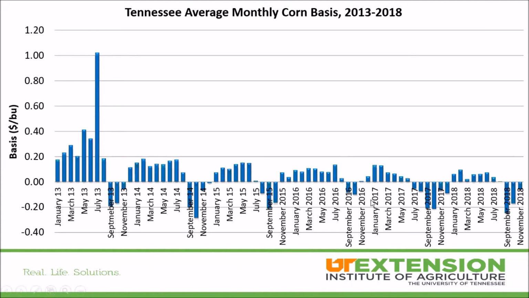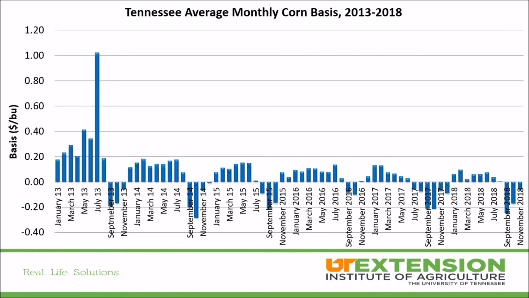Now, one thing I will point out is, from 2013 to 2018, when does that basis really turn positive? Here it was December, and then December again, or January here. So what I would anticipate is we would see something very similar, where we might not get back to a positive basis in December, but in that January time period, I think we will see some opportunities to capture that basis.